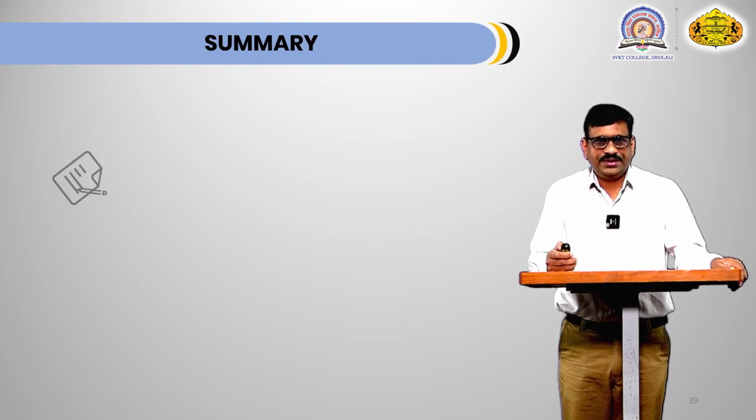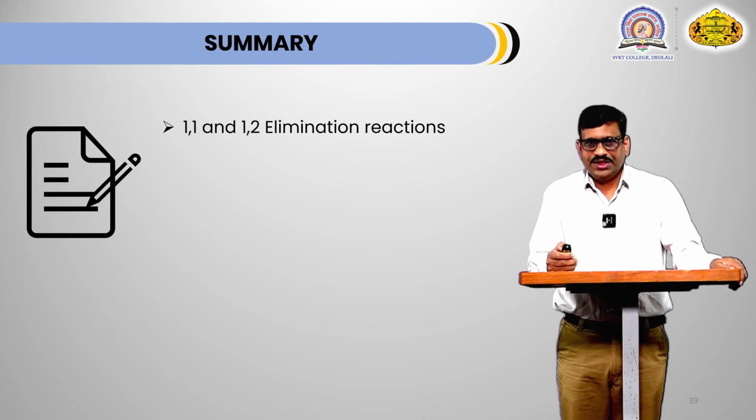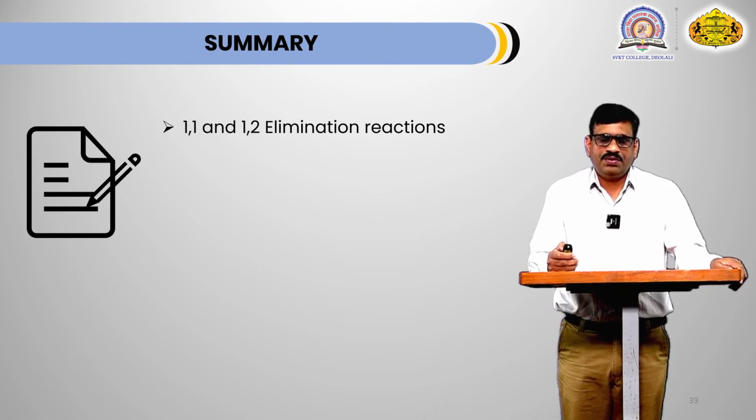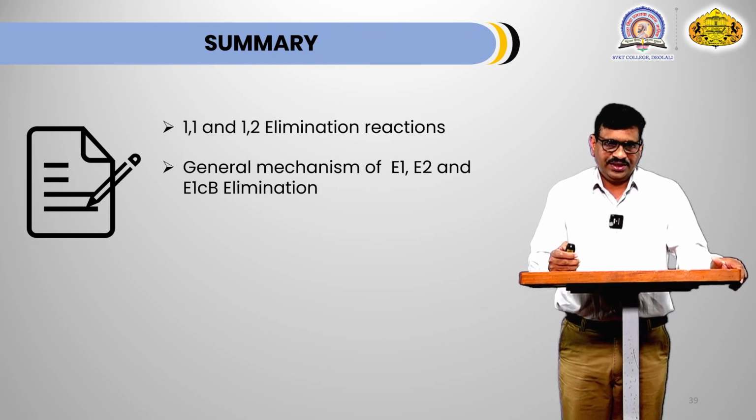Summary of today's lecture. In this lecture, we have discussed what is elimination reaction, what is 1,1 elimination or alpha elimination, what is 1,2 elimination or beta elimination. We have seen general mechanism of E1 elimination, E2 elimination and E1CB elimination.